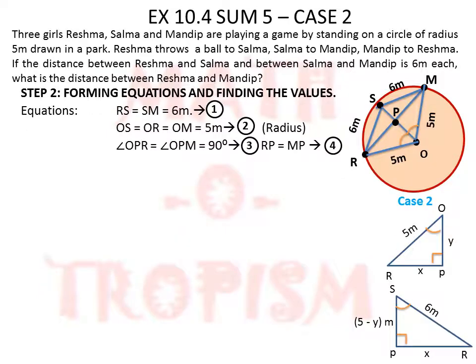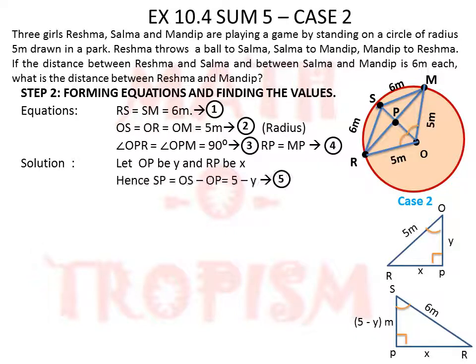Similar to the previous case, here again I am going to draw the two triangles separately, ORP and SPR. Again OS is 5 and OP is y, so my SP will be equal to 5 minus y. When I take triangle OPR, OP square plus RP square is equal to OR square.